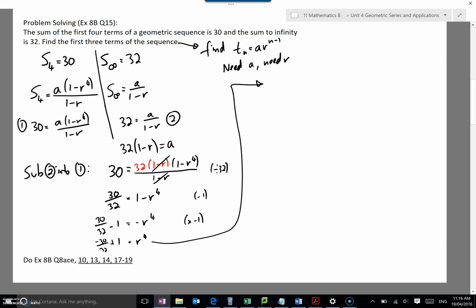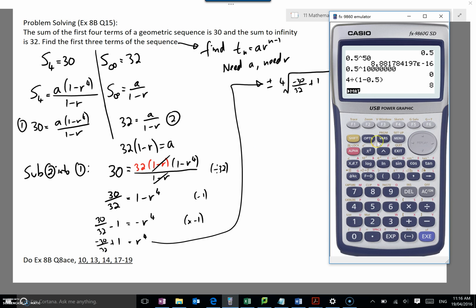From here I can find the fourth root of minus 30 on 32 plus 1, and that'll be the r value. Remember, whenever it's an even power, I need to do plus or minus. So I'll go to my calculator and find what this fourth root is.